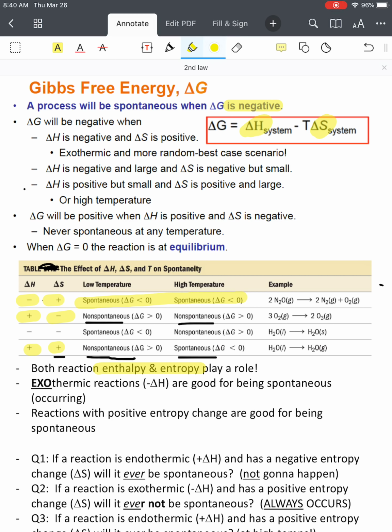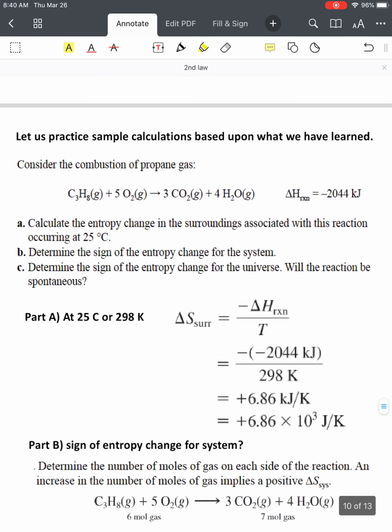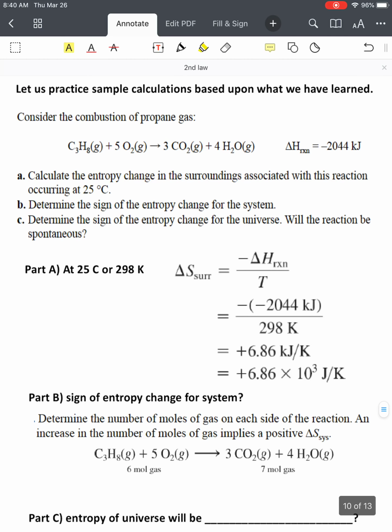We see terms for both delta H and delta S. Both of those things are important. Exothermic reactions are good for spontaneity of their reactions. Also, positive entropy changes are good for spontaneity, okay? So all those things we can take away from this chart.